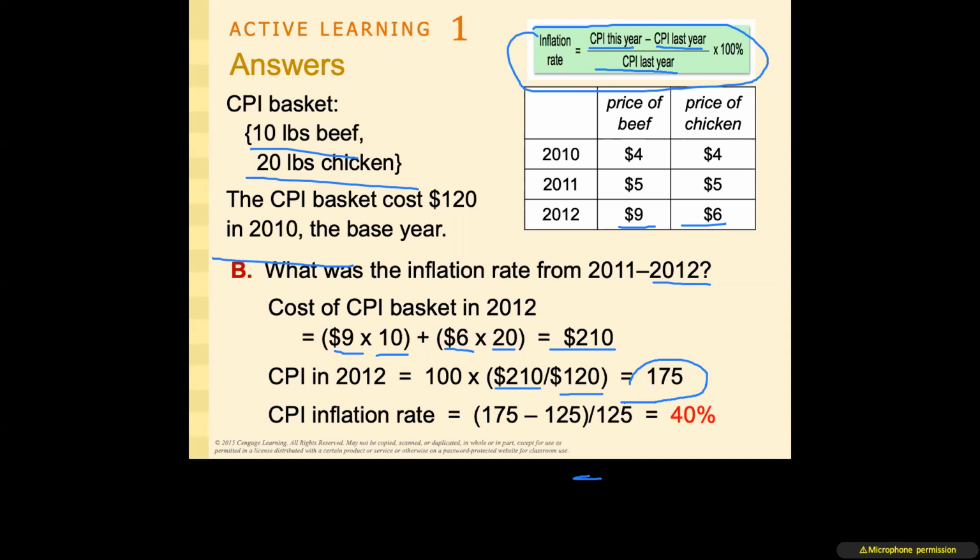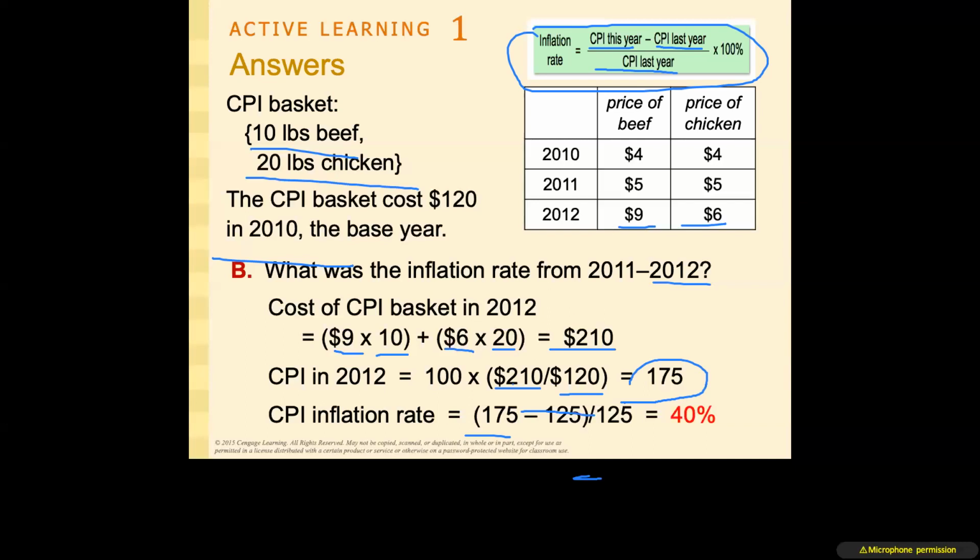So what is my inflation rate? I need my CPI in my current year, 2012. What do I have? I have 175. And I have the CPI for last year, which I calculated on the previous slide, right?